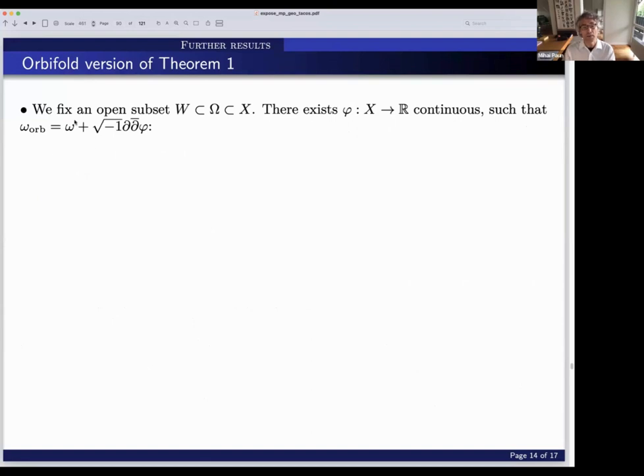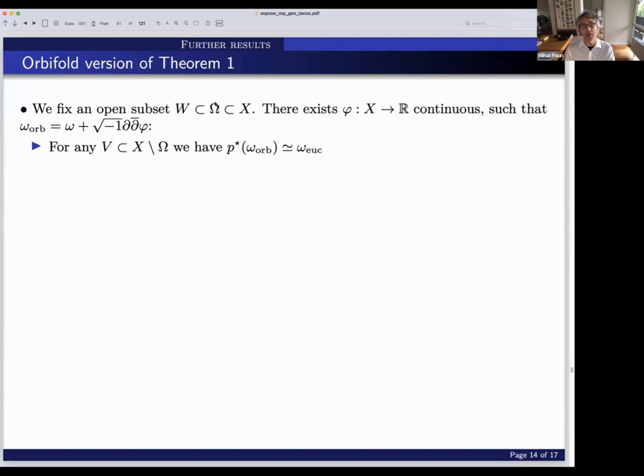In the first place, remember that W was the set of, let's call them, bad singularities. We don't know anything about them. But what we can do is to consider some open subset Omega containing them, and construct some continuous function phi from X to R in such a way that this metric, omega plus i dd-bar phi, has the following properties.